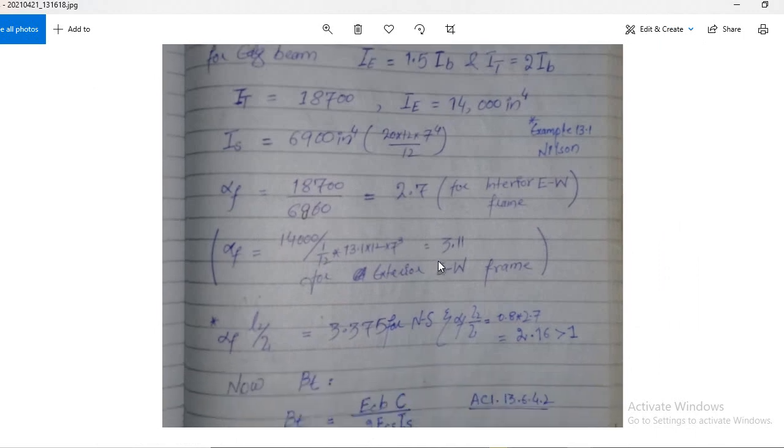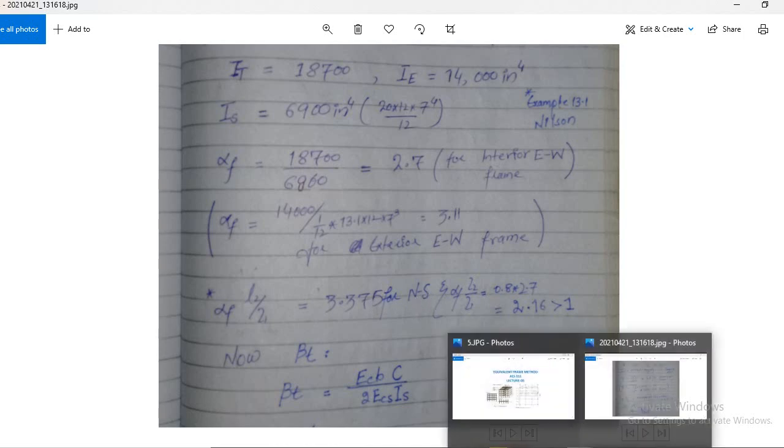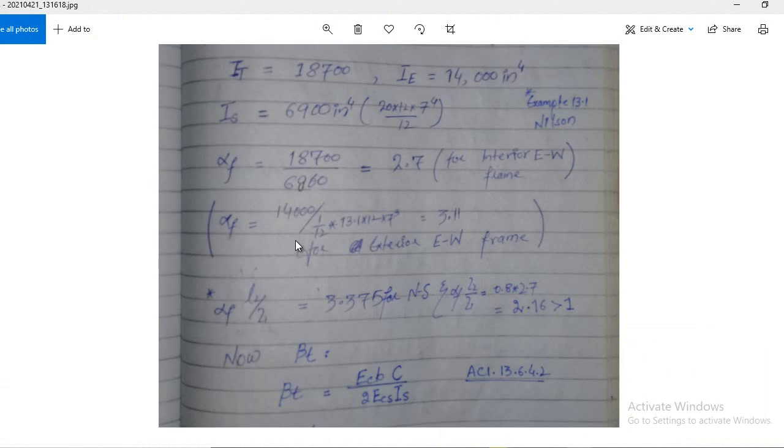Next we have to multiply this alpha F with the L2 by L1 ratio. We already calculated L2 by L1, so for the north-south direction you would have 3.375.